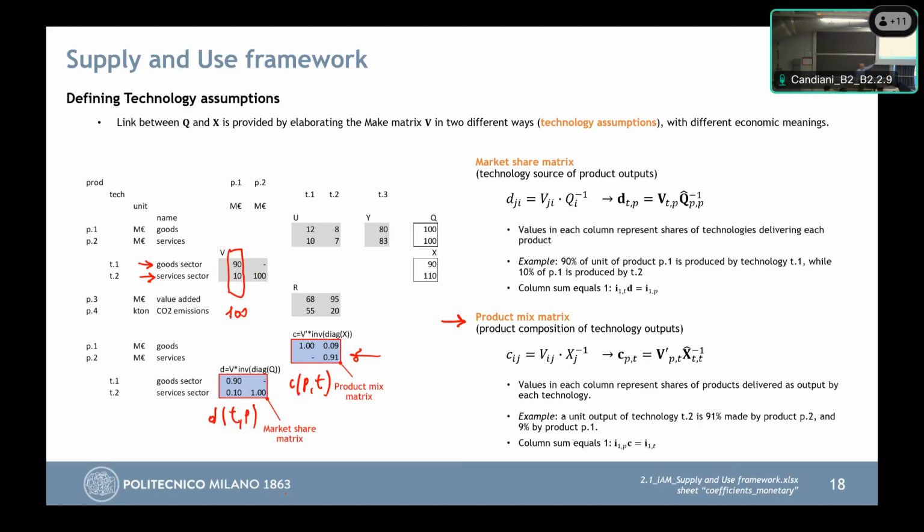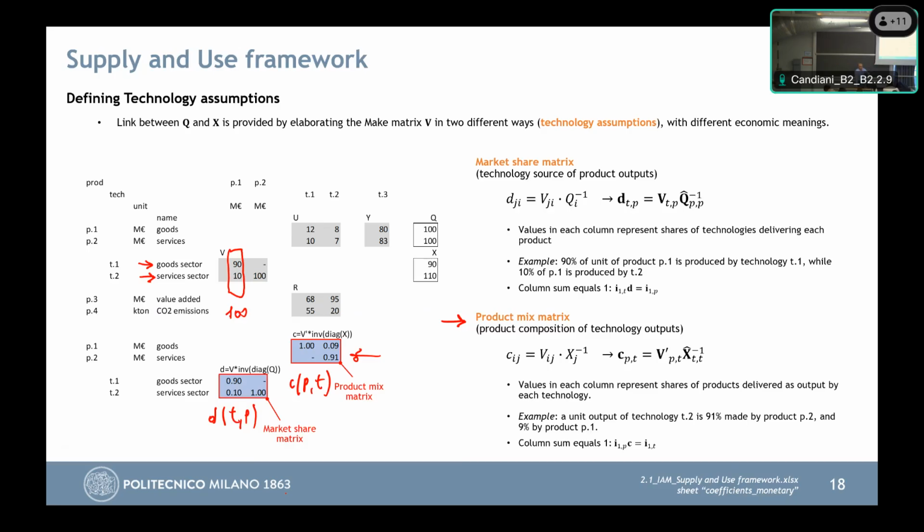So we are dividing, you see, 0.09 and 0.91. It results just from the calculation of 10 and 100 divided by 110. So we have that anytime the activity of the service sector is increasing, the service sector is producing 9% of goods and 91% of services.